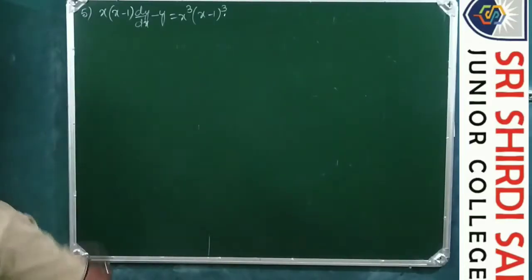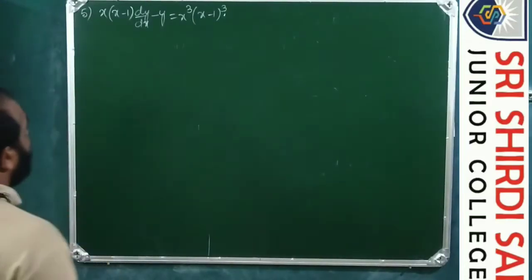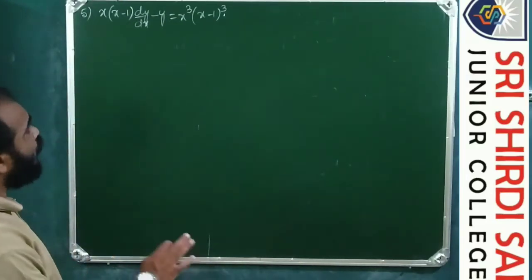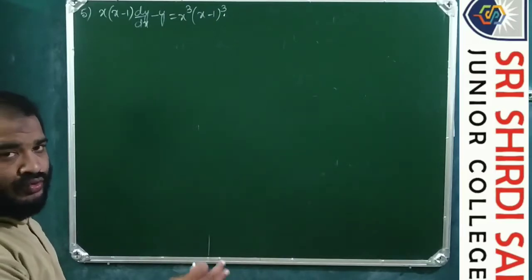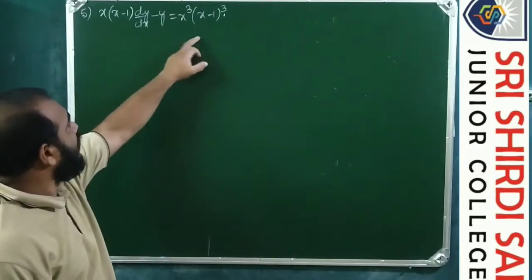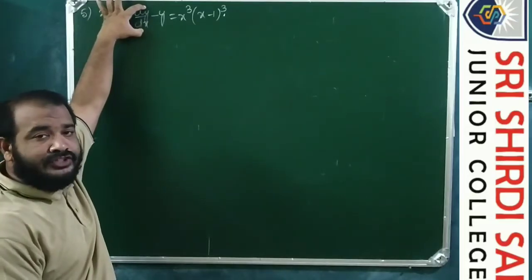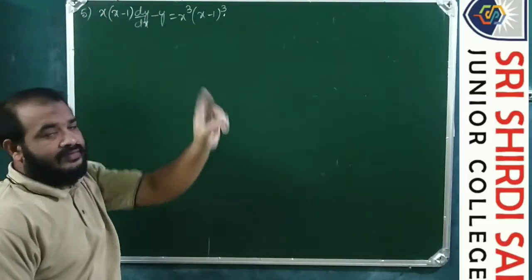x into (x minus 1) dy by dx minus y is equal to x cube into (x minus 1) whole cube. The first and foremost step we have to do is divide this by the coefficient of dy by dx, to make the coefficient of dy by dx equal to 1.